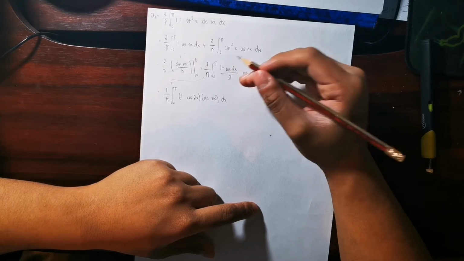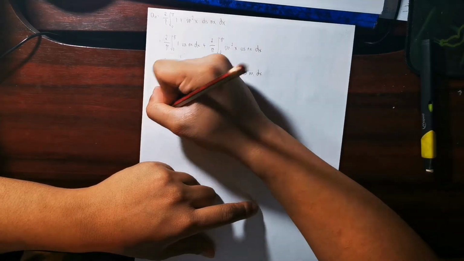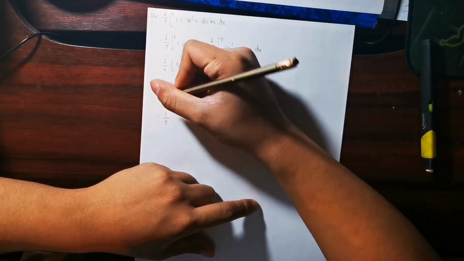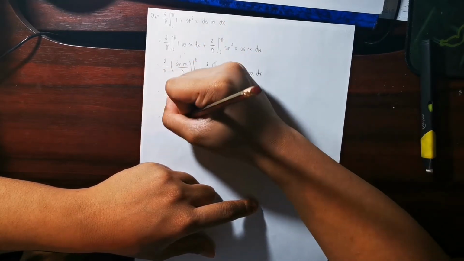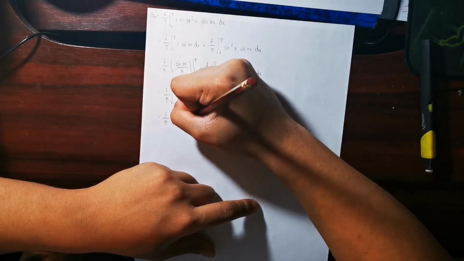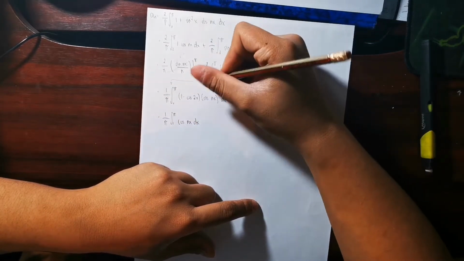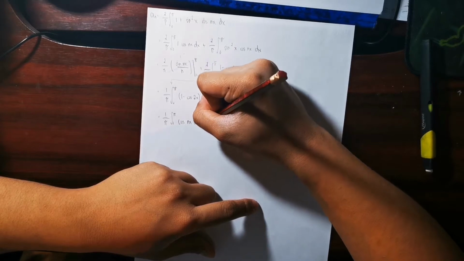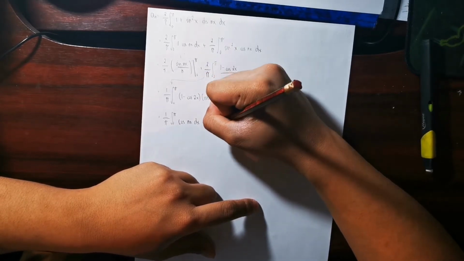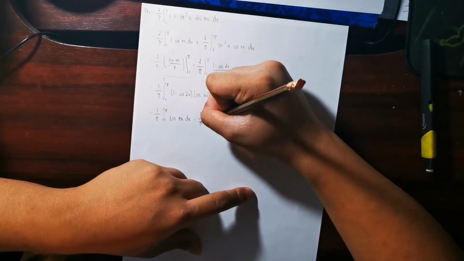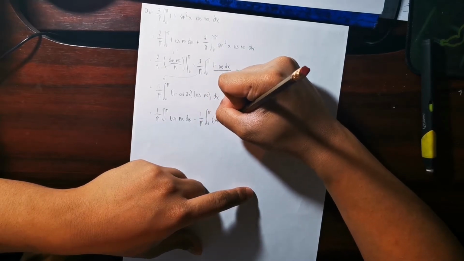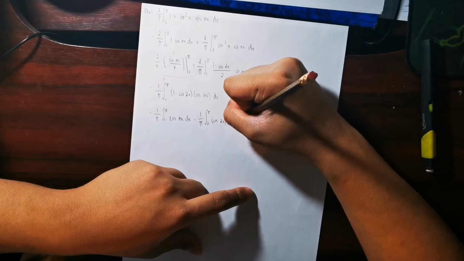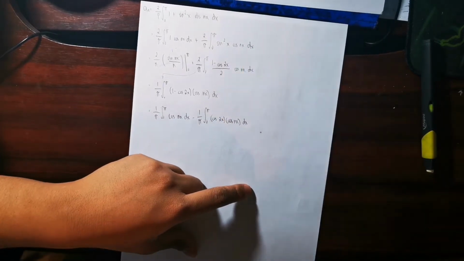Now all we have to do is multiply the inside terms. So we'll have 1 over pi, from 0 to pi, cos nx dx, minus 1 over pi, from 0 to pi, cos 2x cos nx dx.